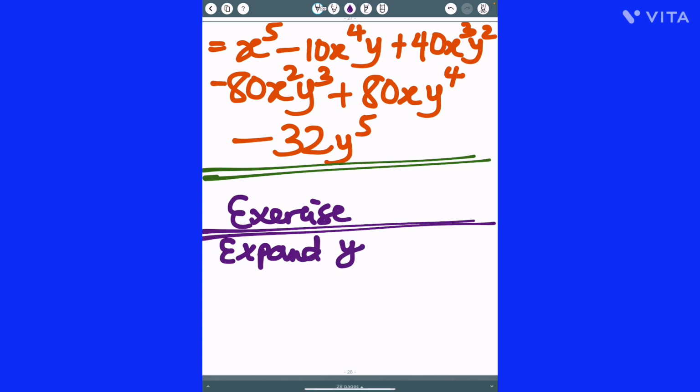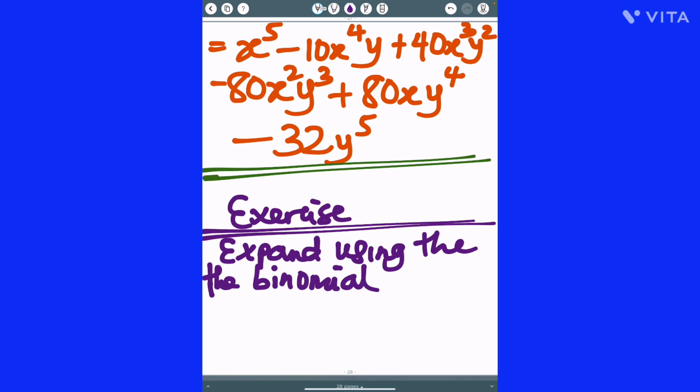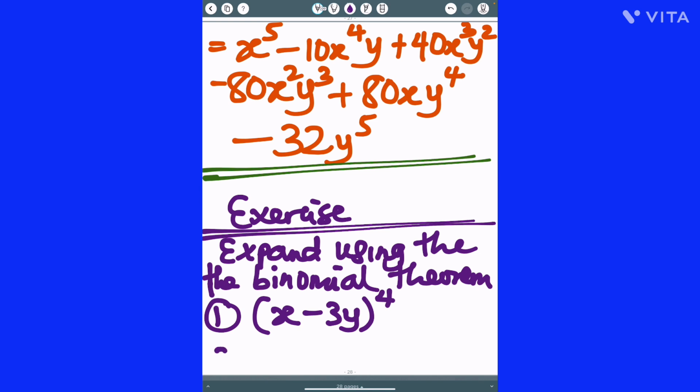Expand and simplify using the binomial theorem. 1. x minus 3y raised to power 4. 2. 2a minus 5b raised to power 3.